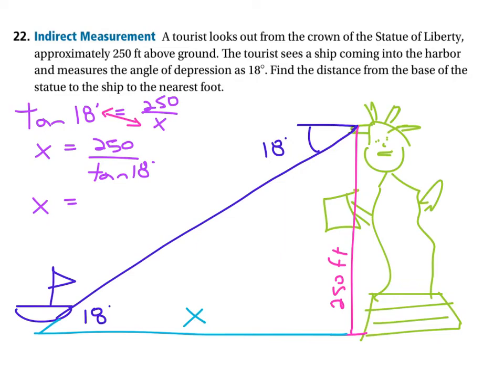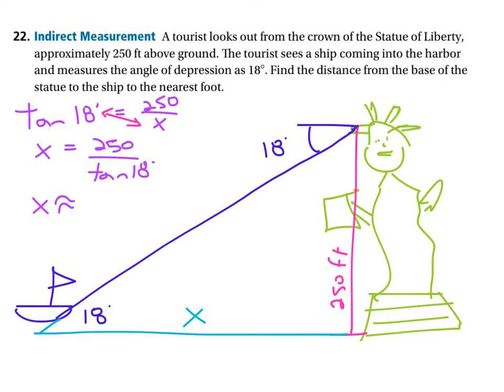250 divided by tangent of 18 degrees, and we find that it is 769. Let's put an approximately equals here. Oh my gosh, sorry.